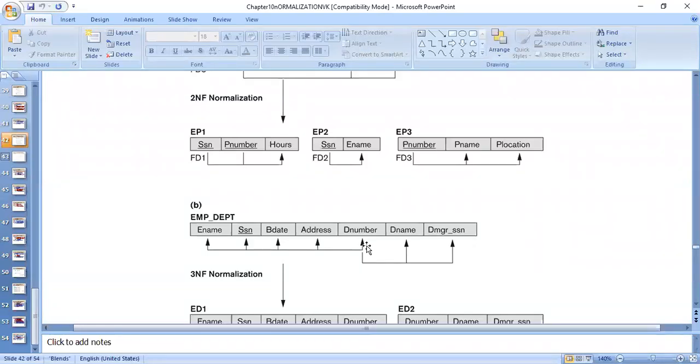I will know directly, isn't it? So once I know the roll number, I will be able to tell the division. In the same way, the moment I know SSN number, I will be able to tell the department number. But to tell the name of that department, I have to identify it.